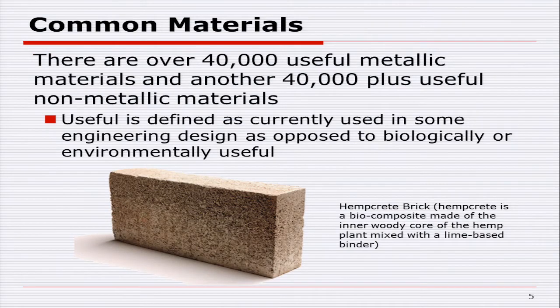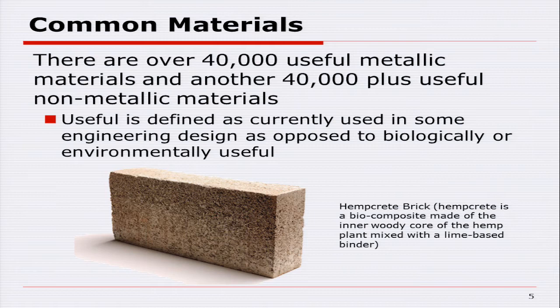Understand that there's over 40,000 at least useful metallic materials and another 40,000 useful non-metallic materials. There's a lot more than that, but we don't necessarily use those in engineering design. I just had an example here of hemcrete. I've never held a piece of hemcrete, but looking at stuff online, this is a biocomposite.